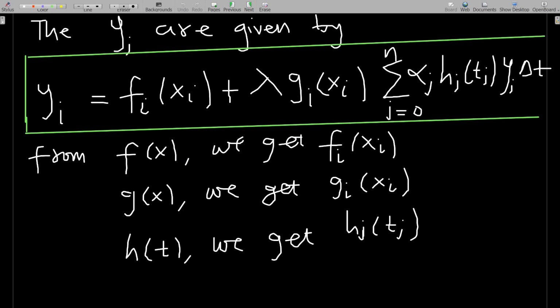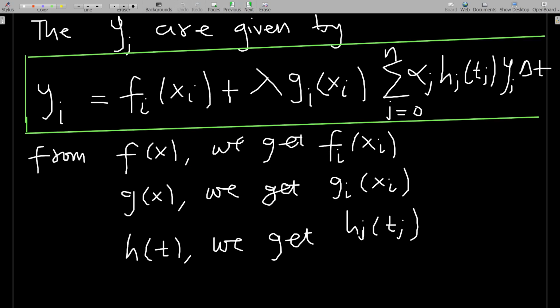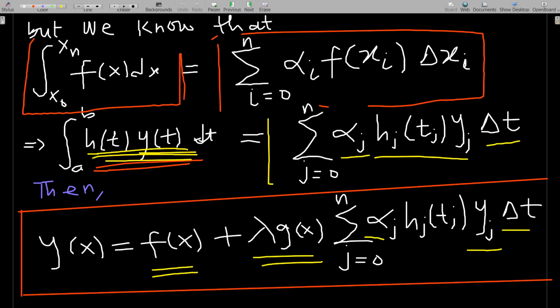The yj's are given by the same formula that I was talking about. We'll use it for the yj, but here we'll also consider x changing. If you remember, in the equation for the solution of the integral equation, only the j's were changing in the summation.